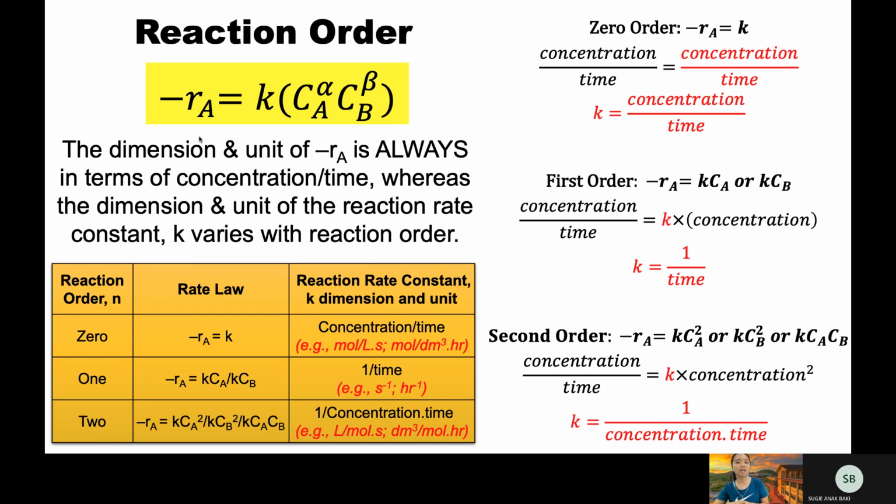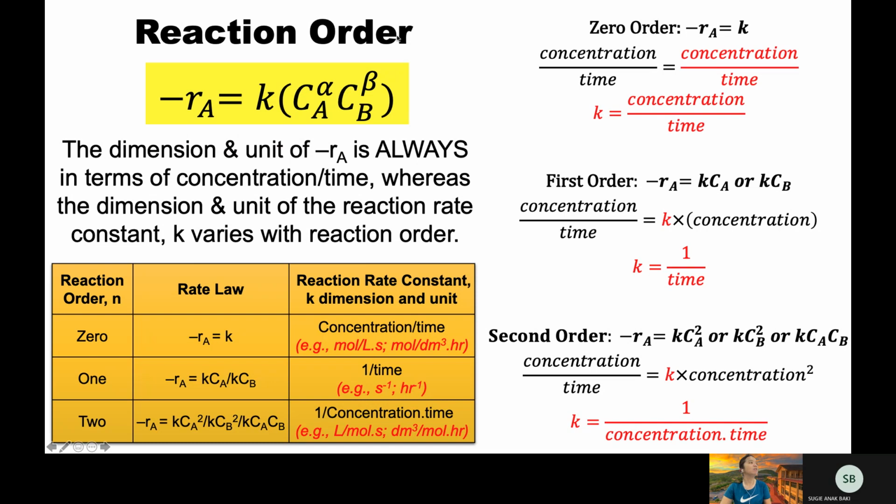The rate of reaction is basically the concentration of A per time. So the dimension of minus RA will never change. It's concentration per time. For example, mole per dm cube minute, kilomole per liter second, and so forth. So on the left hand side, the unit dimension will not change.